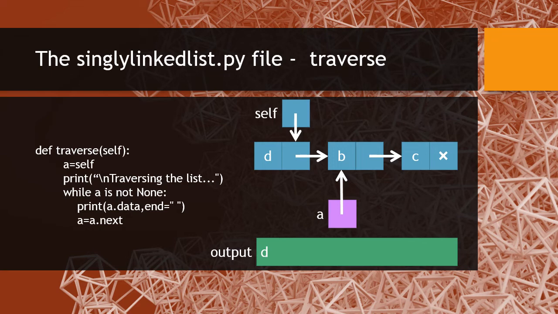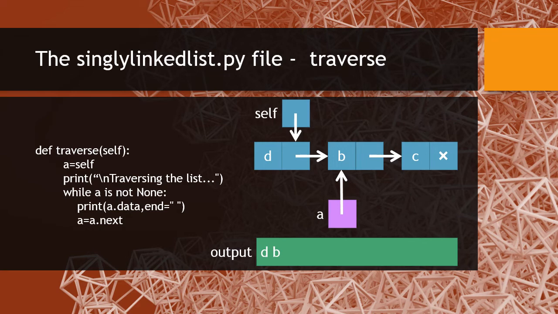One iteration of the while is done. Go back to the while condition. A is not none. We have to print A dot data. So what is A dot data? It is B. We print it.